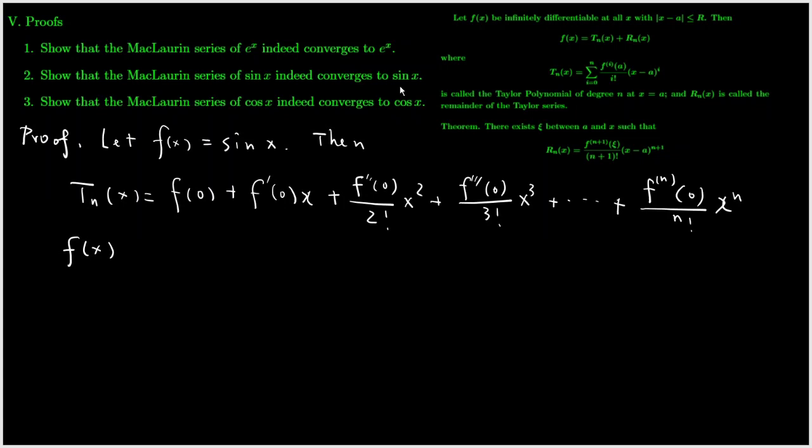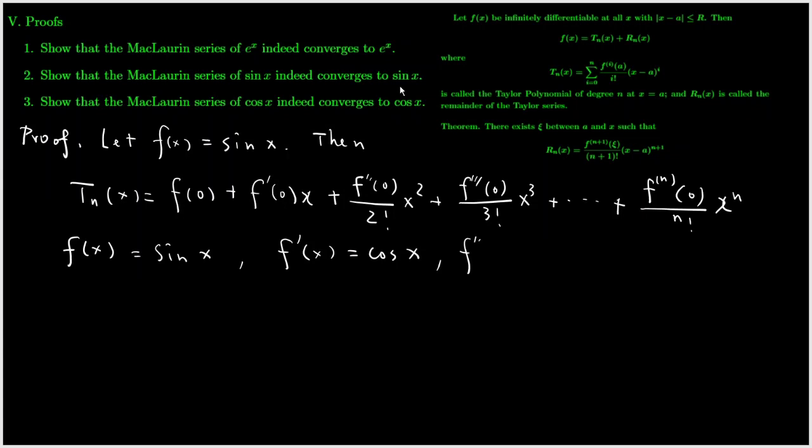The function is sine of x, and then we have seen this a few times already. The derivative of the function is equal to cos of x. The derivative of sine of x is cos of x. And then you keep on going.